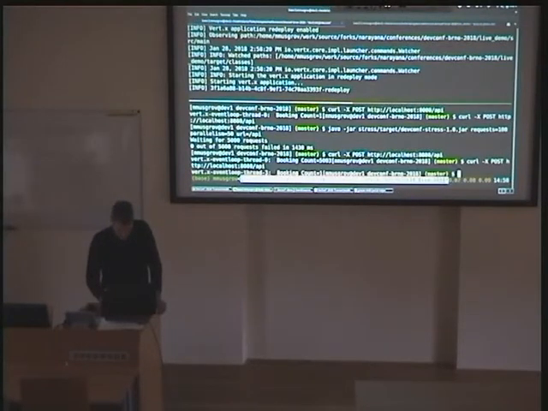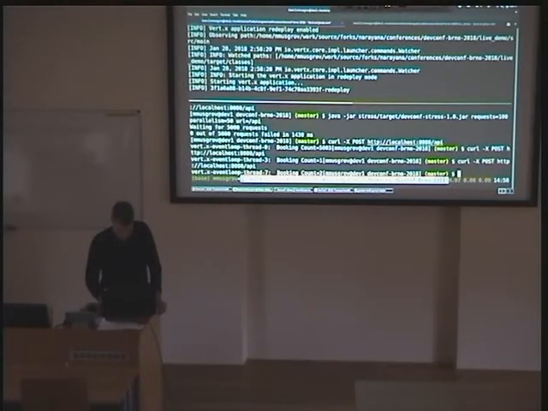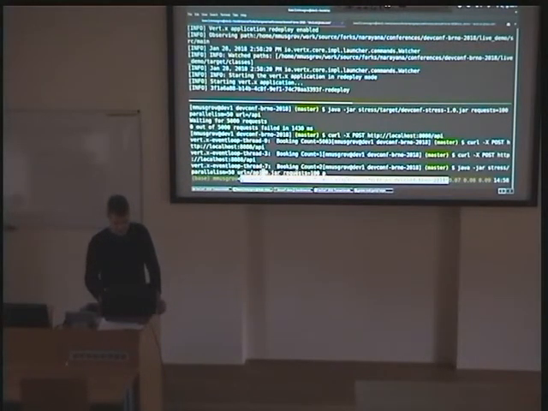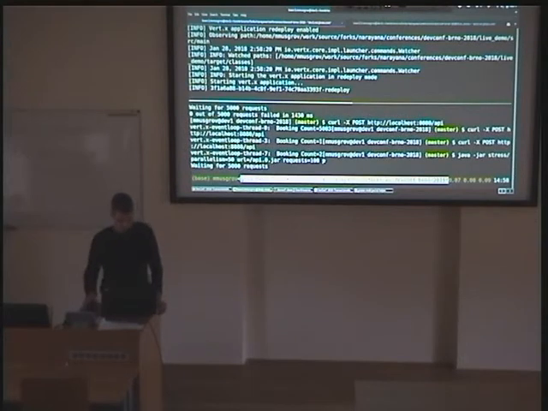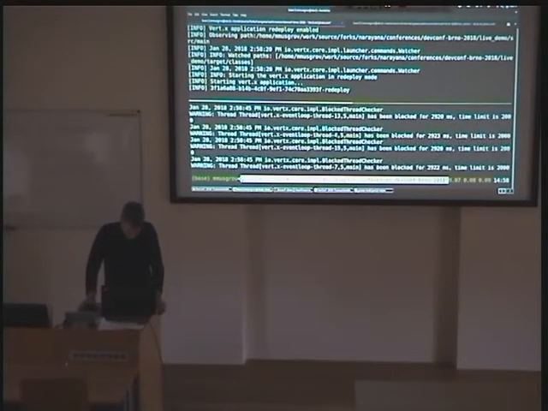Now if we have another look, the booking count there is 1, do another one, booking count is 2. But if you look at the thread, thread 3 handled the first request and thread 7 handled the second request. That demonstrates that the different verticles running on different threads are handling these requests. And then you can stress test it as well, and run your 5,000 requests at it again.